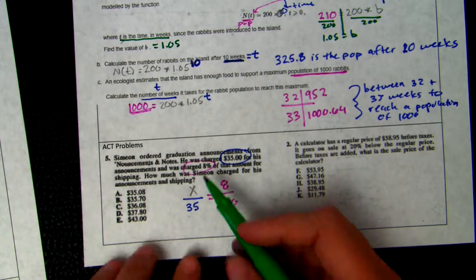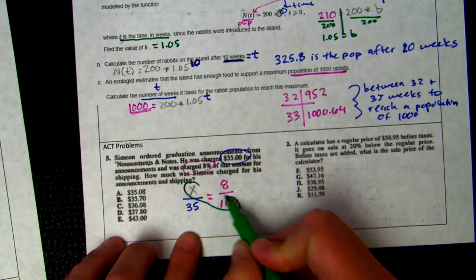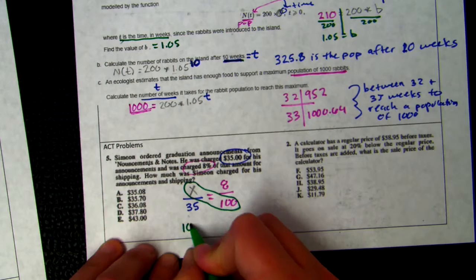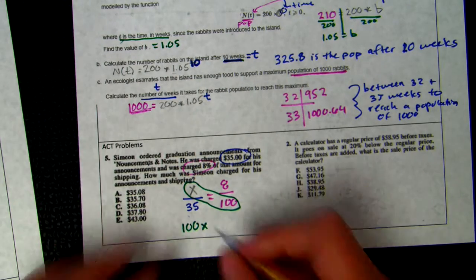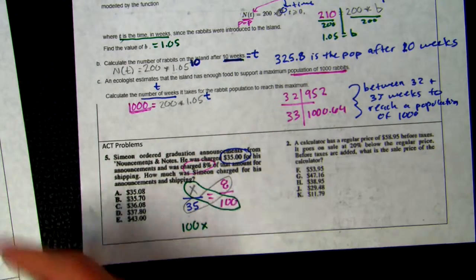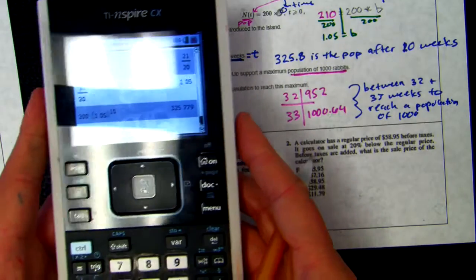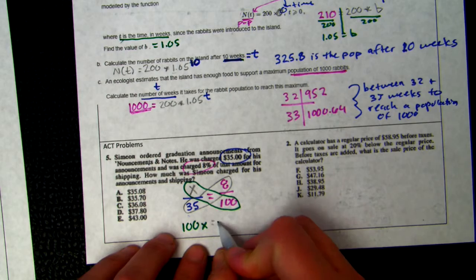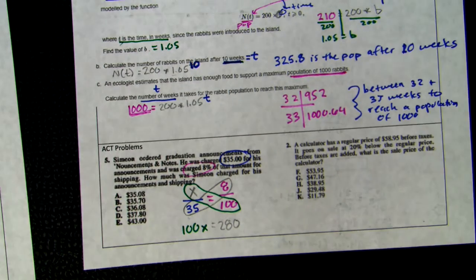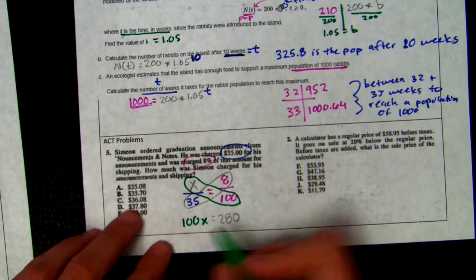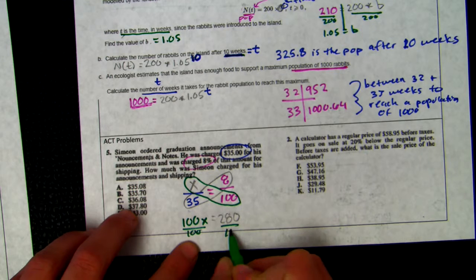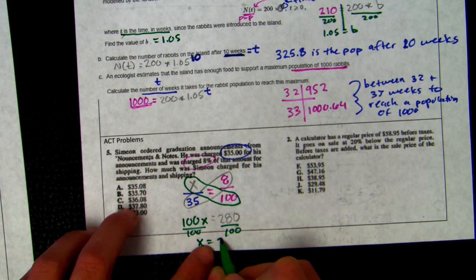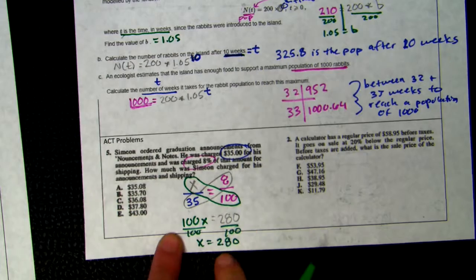We're going to have to cross multiply to figure that out. So x times 100 is 100x. 35 times 8, I'm going to have to pop that in my calculator. 35 times 8 is 280. Then I need to get x by itself, so I'm going to divide by 100 on both sides. So I'll get x is equal to $2.80. Okay?